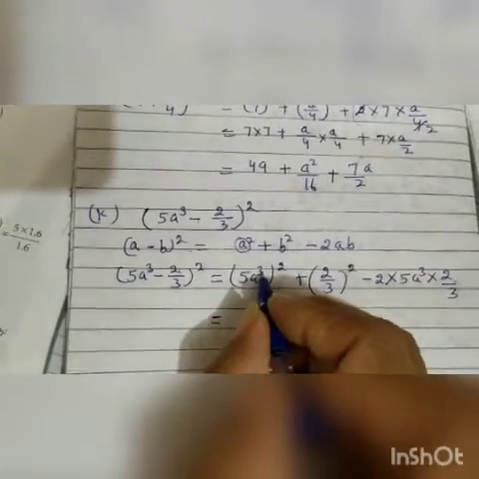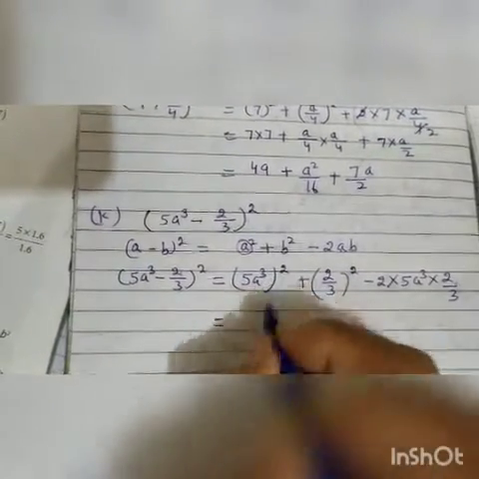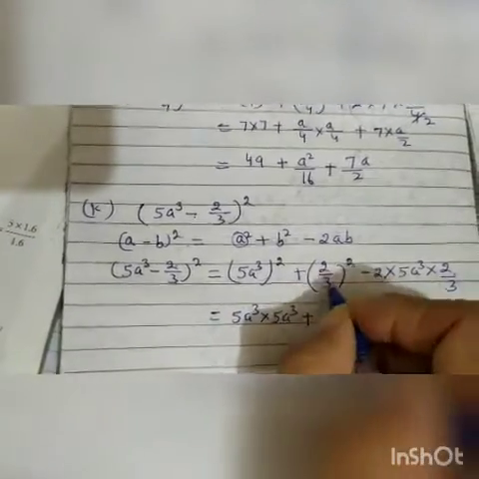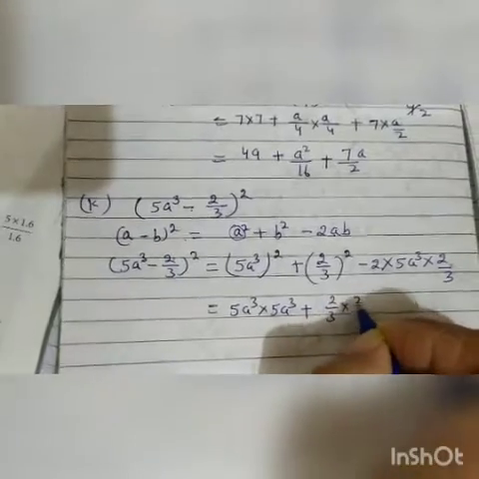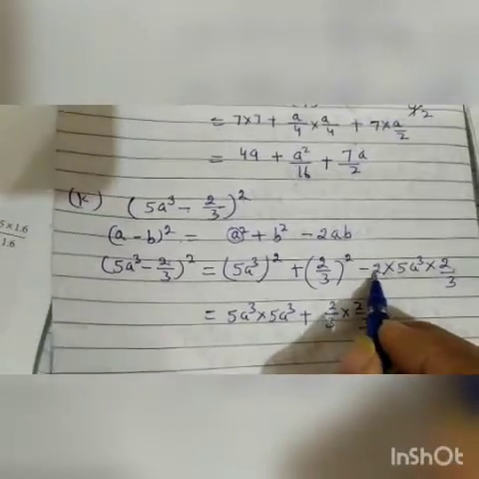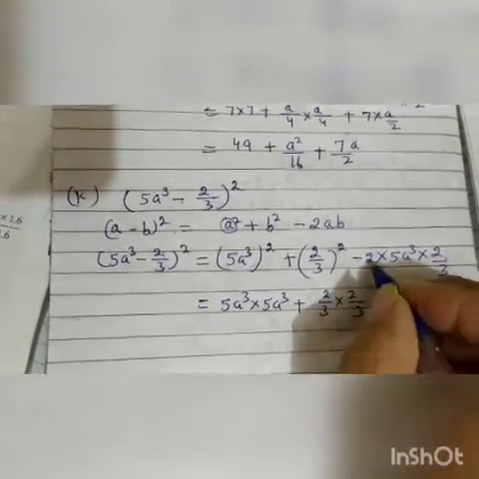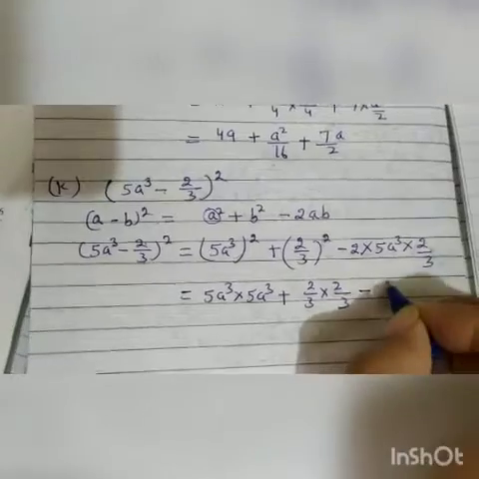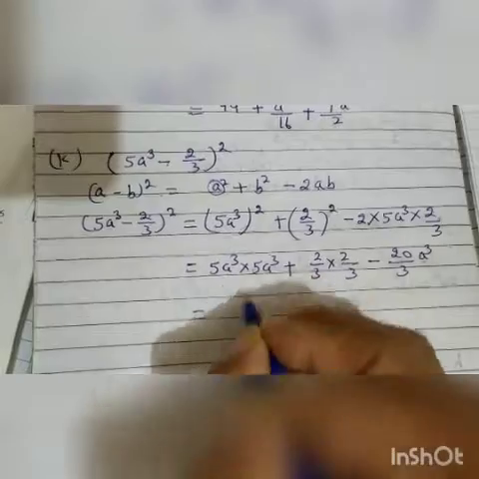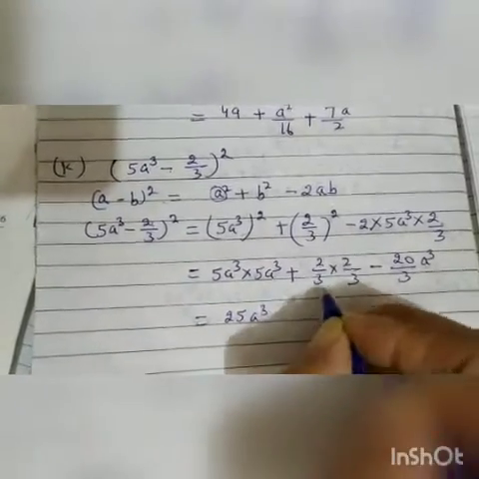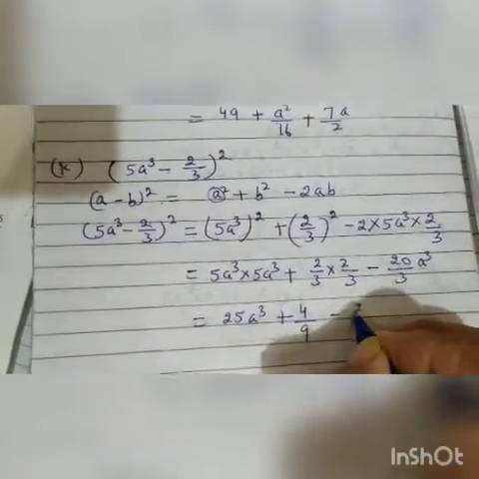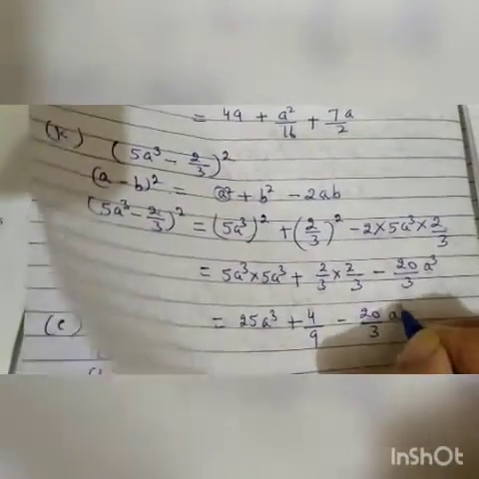Now 5a cube whole square will be 5a cube into 5a cube, plus 2 upon 3 into 2 upon 3. Here can we simplify anything? No, we cannot simplify. So minus 2 fives are 10, 10 twos are 20 upon 3a cube. Now 5 fives are 25a cube, 2 twos are 4, plus 4 upon 9, 3 threes are 9, minus 20 upon 3a cube.